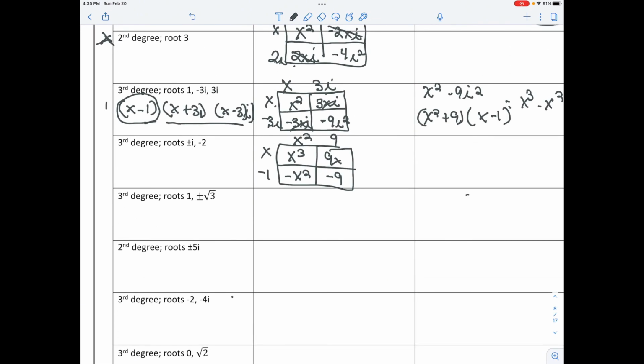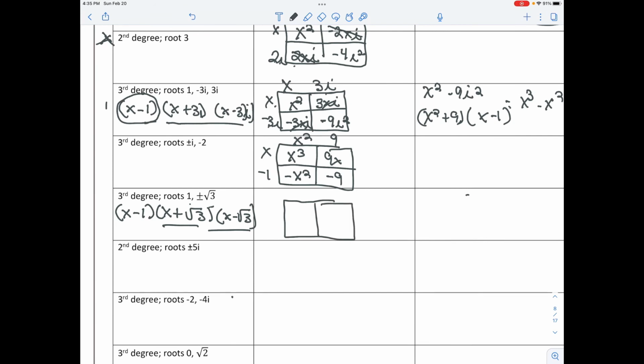Okay, let's do one more. And so again, I have 3. You have plus and minus radical 3, and you have 1. So again, I'm going to write this as x minus 1, x plus radical 3, x minus radical 3. And I'm going to multiply these together first.